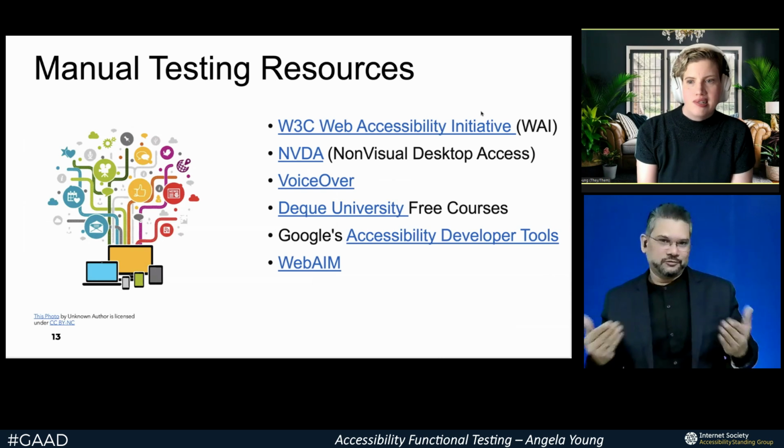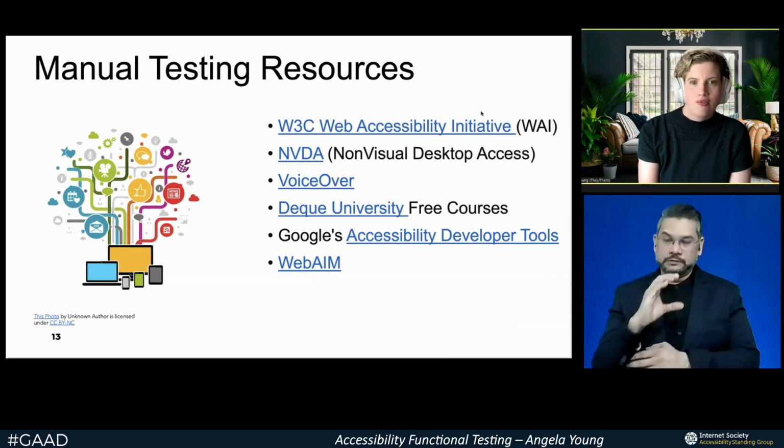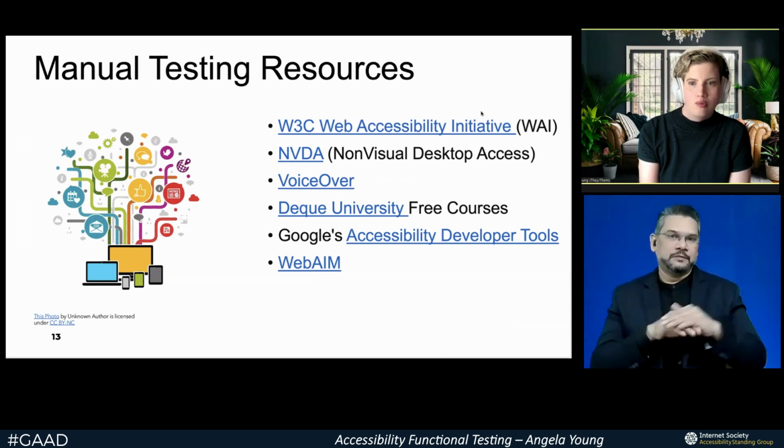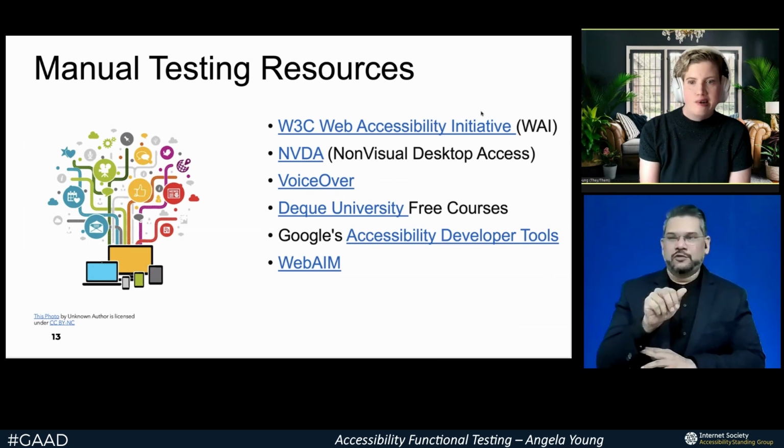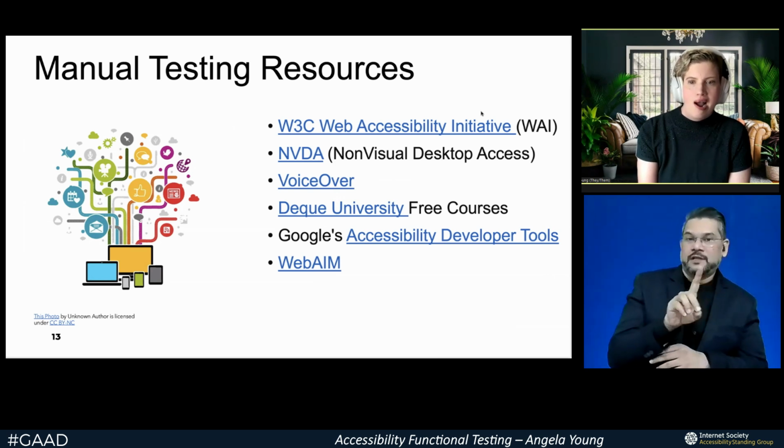And then, of course, I have included some resources here for you. The W3C Web Accessibility Initiative has a lot of resources on manual testing. You can also look through their manuals for NVDA, how to use them. There's a manual for how to use VoiceOver I've included. DQ University offers free courses.